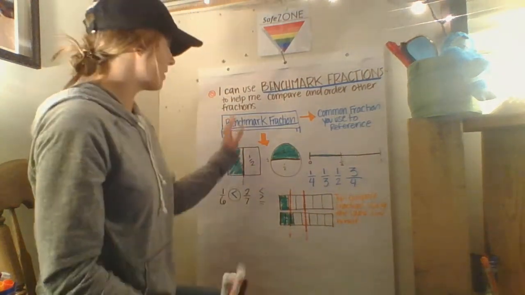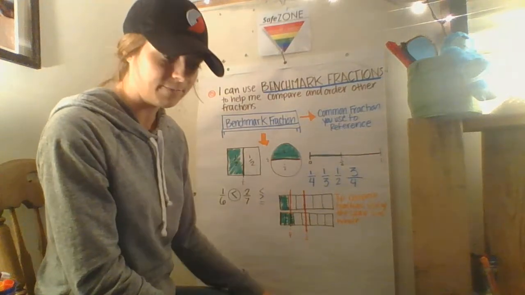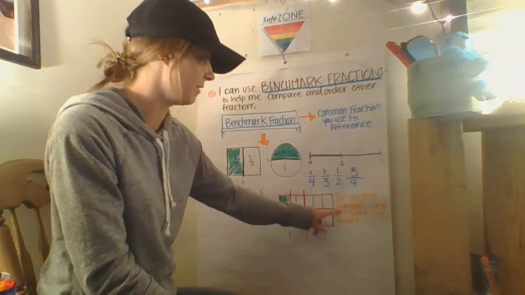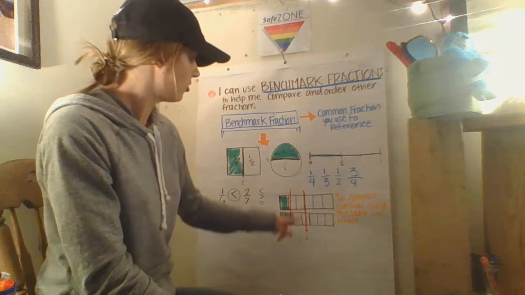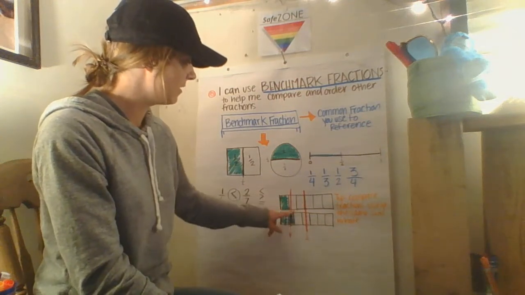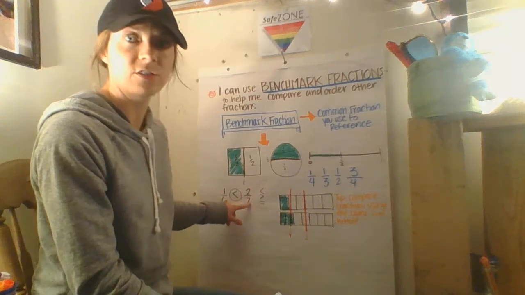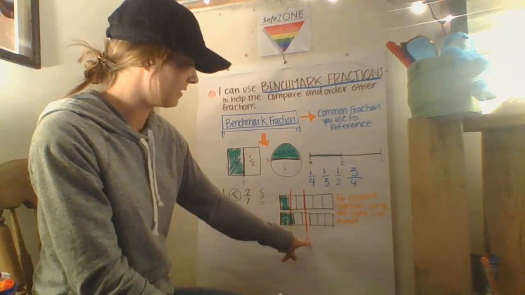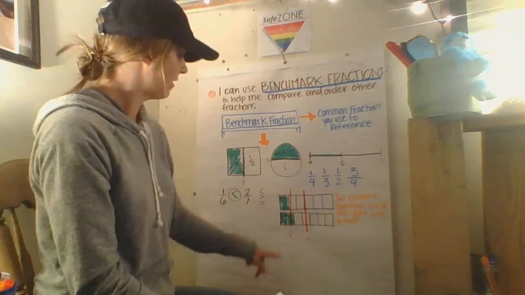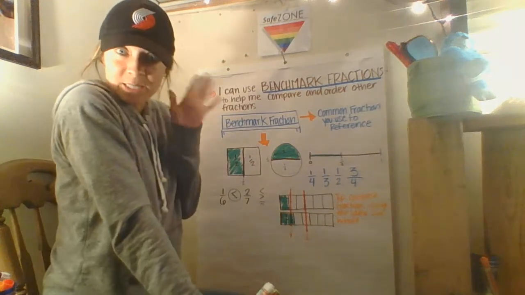So when you're using your benchmark fractions in your lessons today, make sure you're using the same size whole. Choose benchmark fractions that are close to the 2 numbers and the fractions you're comparing. In this example, 1/2 was too big, but 1/4 was just right.